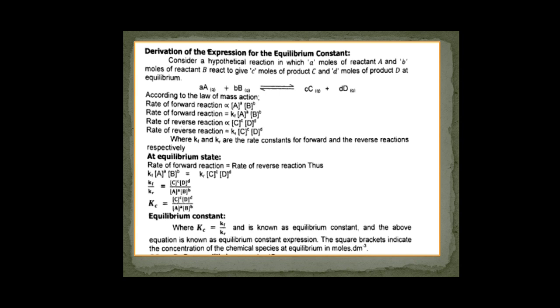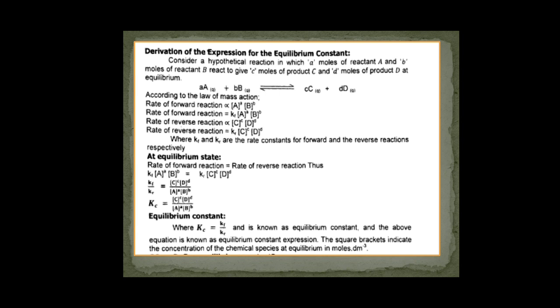Rate of reverse reaction is Kr [C] power c multiplied by [D] power d, where Kr is the rate constant of the reverse reaction. So we can say Kf and Kr are the rate constants for forward and reverse reaction at equilibrium state.